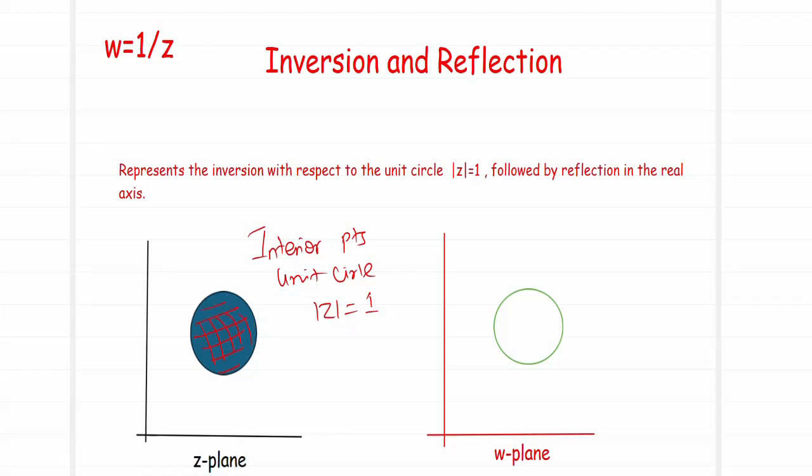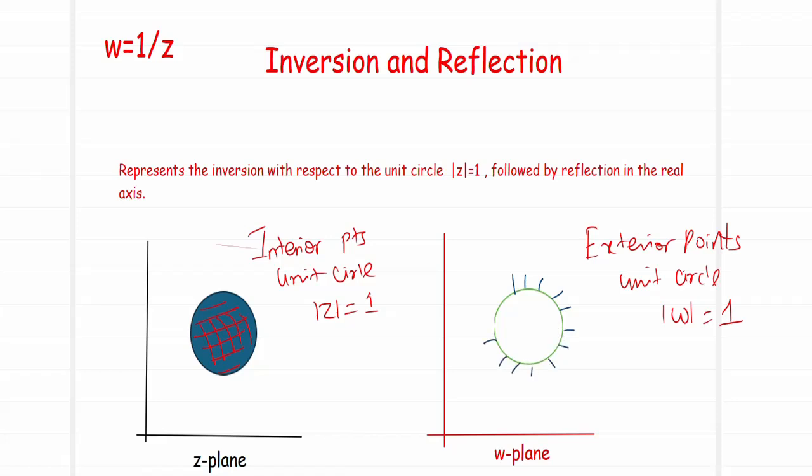Under the transformation W is equal to 1 by Z, they become the exterior points of the unit circle, mod omega equal to 1. So these points which were lying inside the circle will now become the points that lie outside the unit circle. So the mapping just inverts the data and forms a reflection in your real axis.